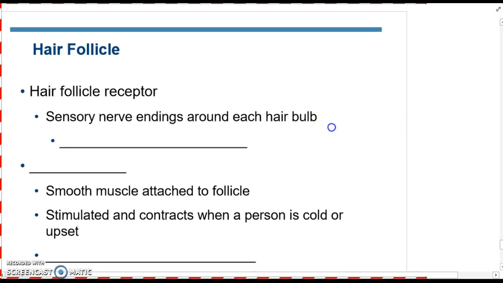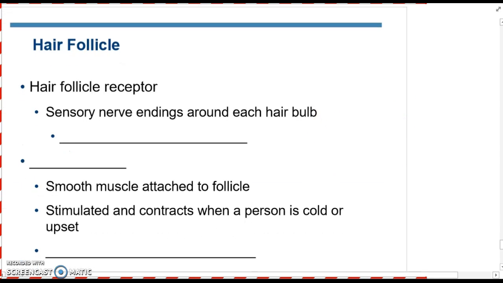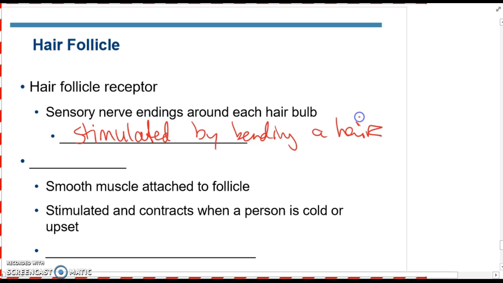Your hair follicle receptor. There are actual nerve endings, and they are stimulated by bending a hair. The name of these things is erector pili. The pili, think of a cell, with itty bitty hairs on it, and then you have the actual longer arm hair.